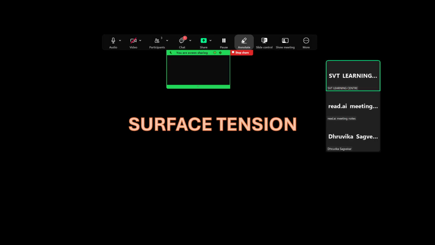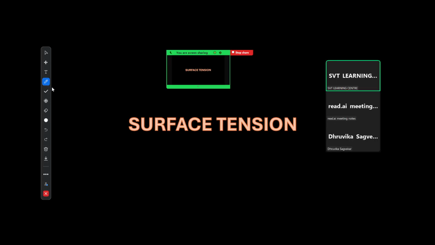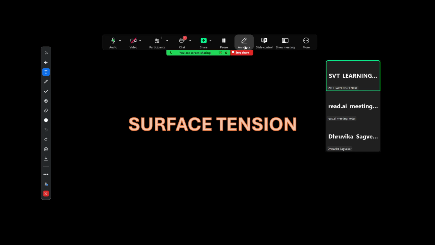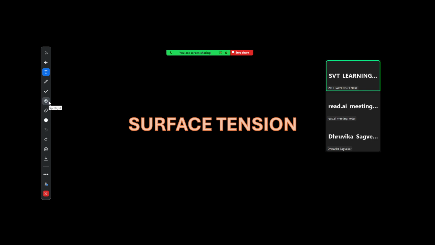Here we are talking about force of adhesion and force of cohesion. Coming back to what we just discussed, first of all, what is the force of cohesion? Force of cohesion is the intermolecular force between molecules of the same type. Force of adhesion is the intermolecular force between molecules of different type. Is this clear? Yes, sir.